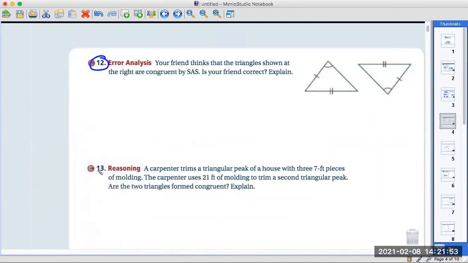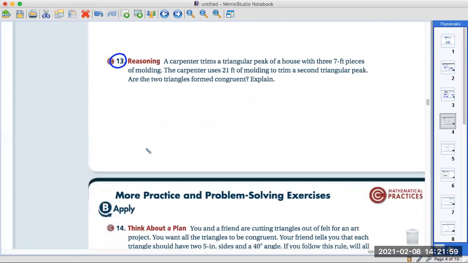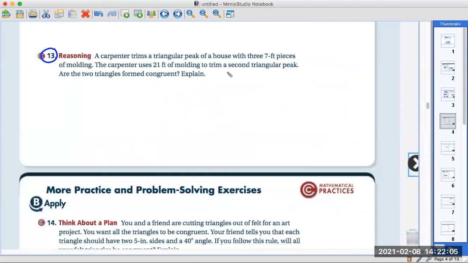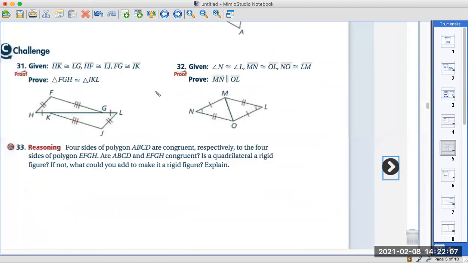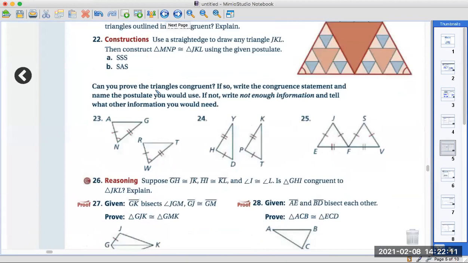You find the error and explain. Number 13. It's a little tricky. And then that's it for this homework. Nope, I'm sorry, I apologize. One more on the next page. You have number 23, 24, and 25.